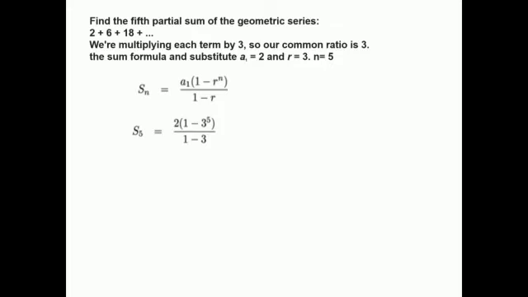From the question you must write a, r and n. First, write what is given. Second, write the formula. Third, apply the values in the formula, then find the final answer.